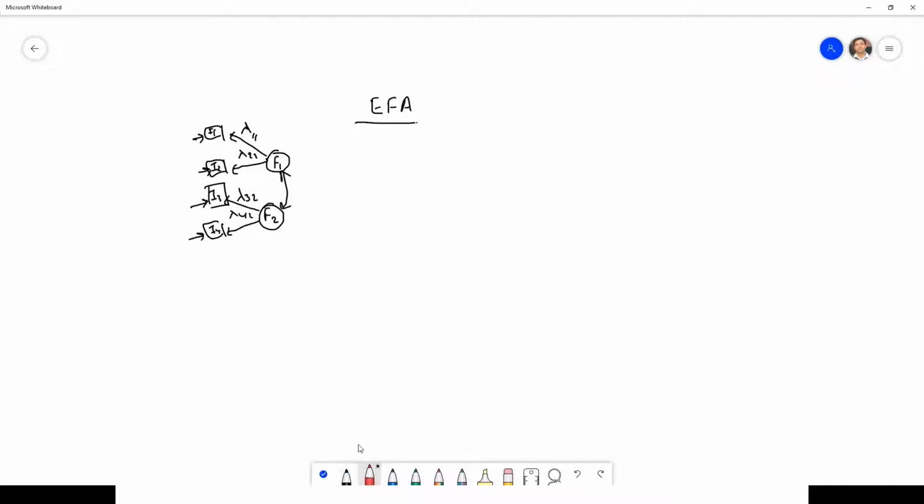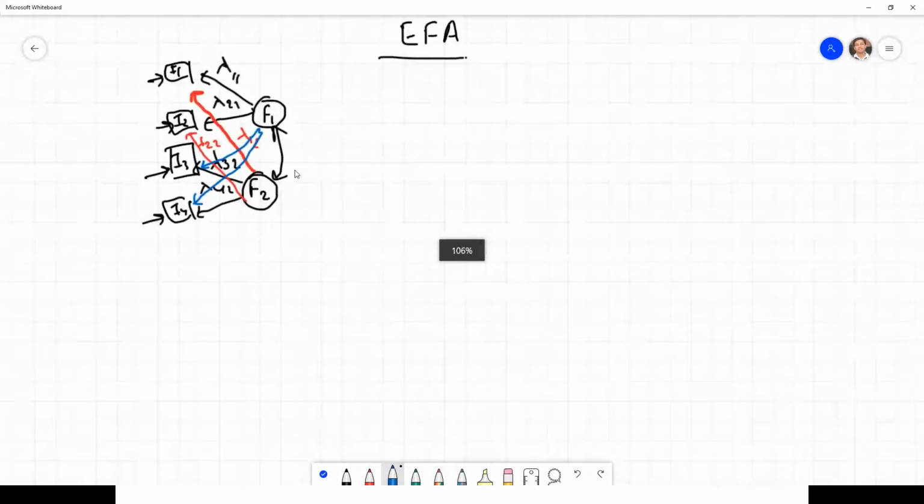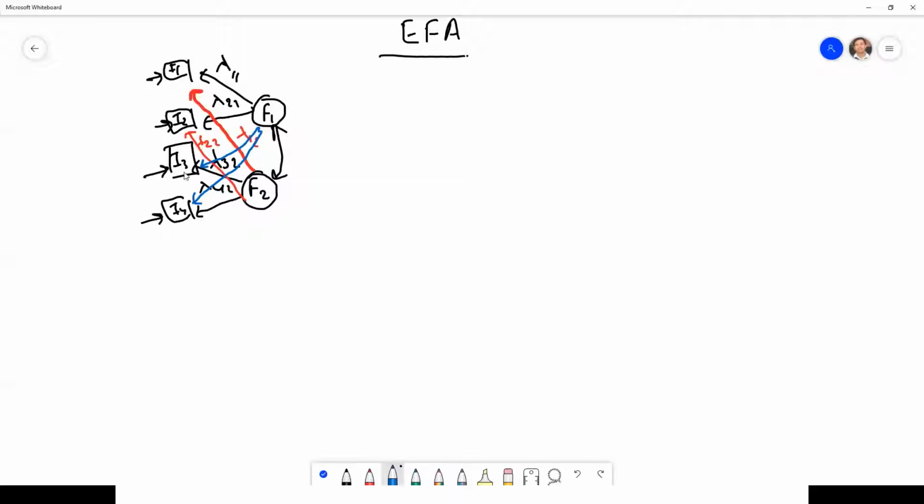Now, this loading is lambda 11, lambda 21, this loading is lambda 32, and this loading is lambda 42. And in an exploratory factor analysis, you will also have loadings going from this factor to this item. This will be called lambda 12, and this will be lambda 22. And also you will have loadings going from F1, because it is exploratory factor analysis, to item 3 and item 4.